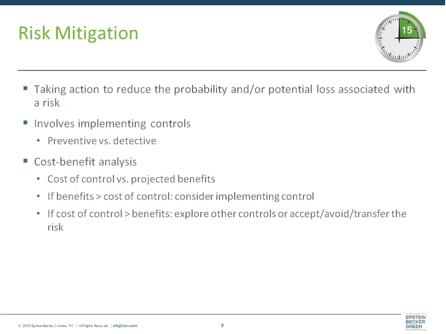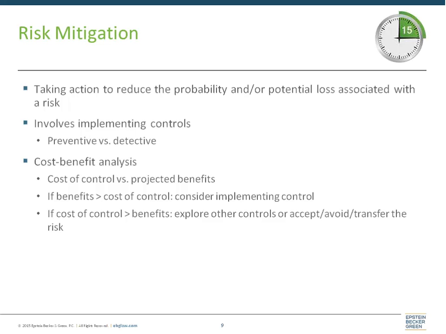So for example, installing sprinklers is a preventive control because it's intended to minimize damage in the event of a fire. Detective controls, on the other hand, are designed to alert you to errors or irregularities after they've occurred. And these detective controls are important because they provide evidence that your preventive controls are functioning as intended. And so an example of a detective control might be implementing intrusion detection software.